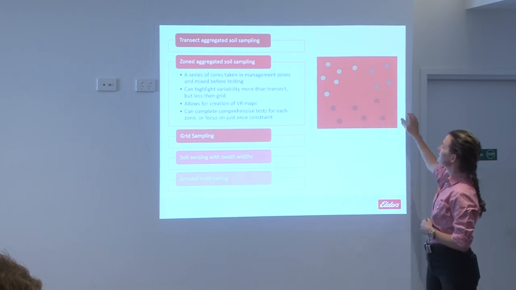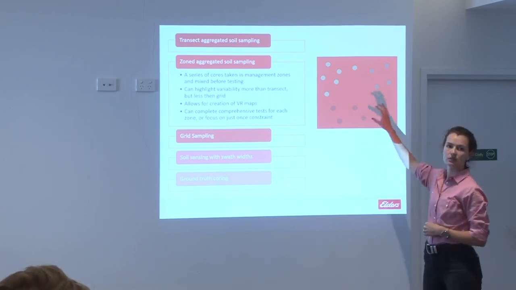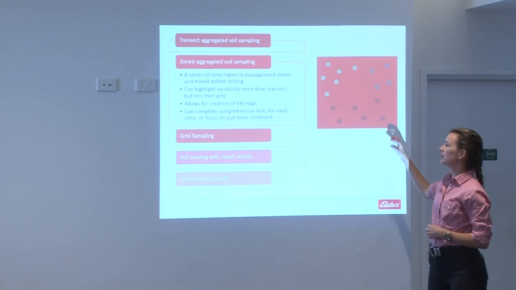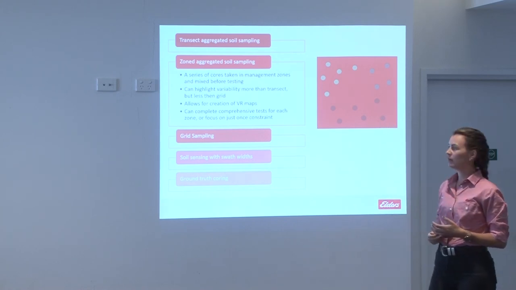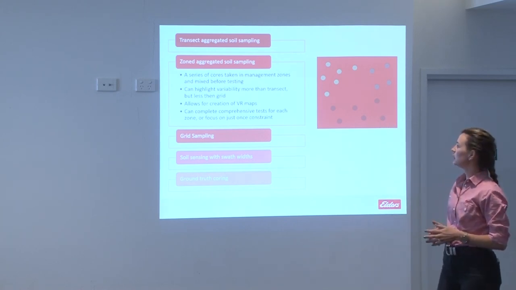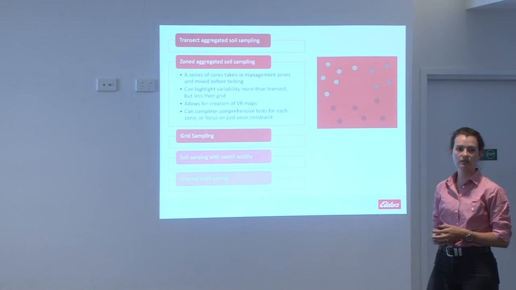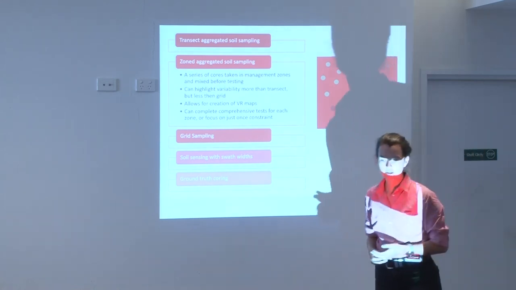So in this example, you would get 3 sets of results for the one paddock, which would then enable you to go on and complete VR maps. So obviously it's a little bit more expensive, but there would still be scope to get comprehensive tests for each zone in there because there's only 3 per paddock.